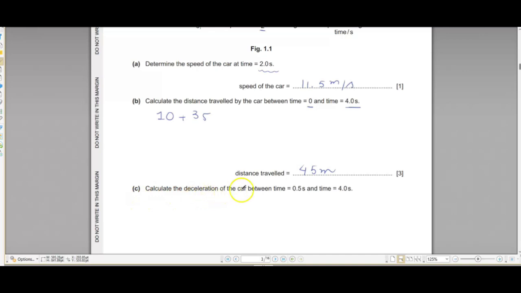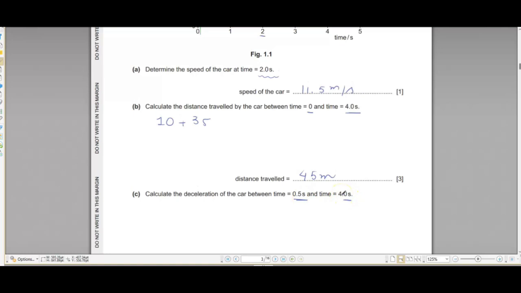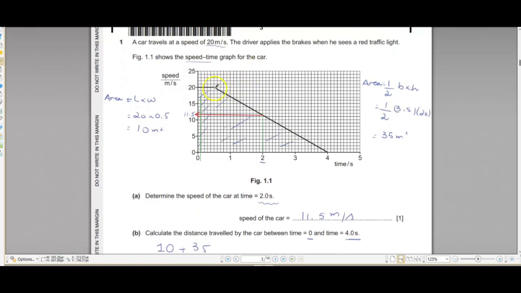Moving on to part C. Calculate the deceleration of the car between time 0.5 seconds and time 4 seconds. I just told you that the gradient of this line gives you the acceleration or the deceleration. So they've asked us to find the deceleration between time equal to 0.5 seconds and 4 seconds. So we have to take the part of the graph that's between 0.5 and 4 seconds.